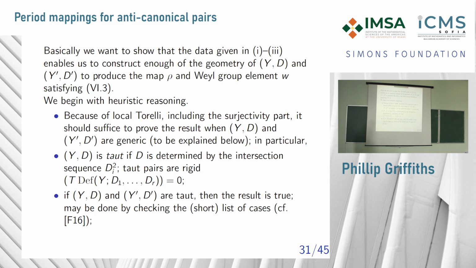So if you have two taut pairs, then the result is true, the global Torelli. And there what you do is you classify taut pairs. There's a short list. You know what the Y must be: P1, P2, P1 cross P1, Hirzebruch surface. And you know what the anti-canonical divisors must be. In each case, there are one or two choices. And you just look at the list and check it. That's the way the proof goes.